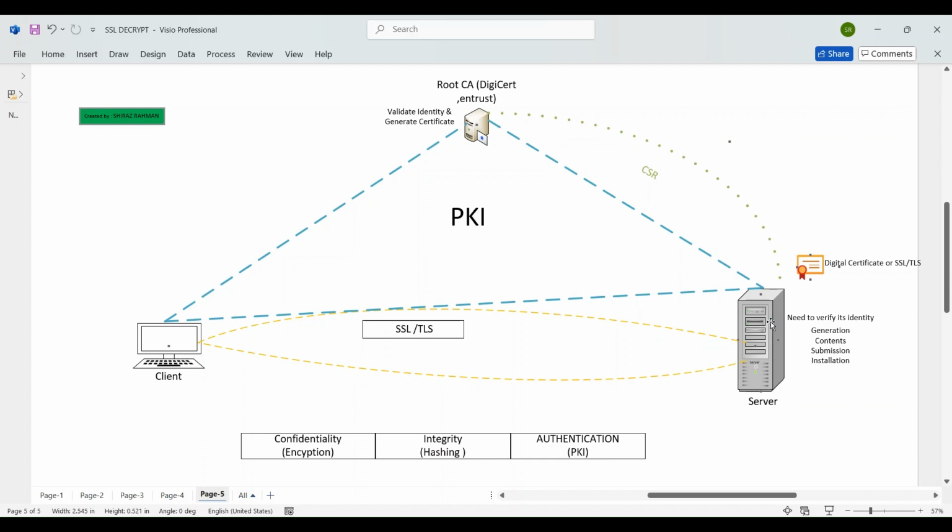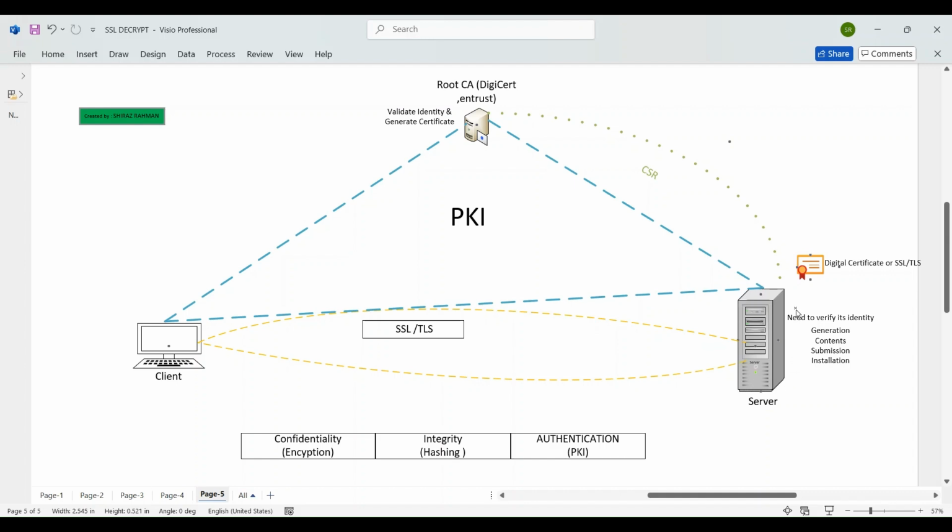A citizenship card, country card, passport, any authorized card which can prove identity. That it's a legitimate person, not impersonating someone else. That is why we need a digital certificate in the digital world.